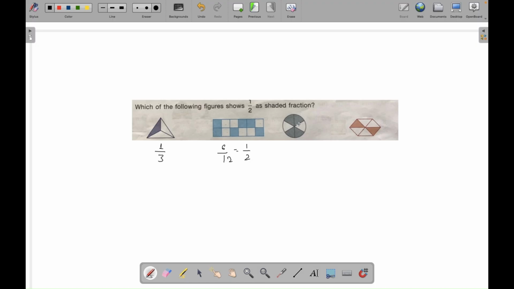Next, 1, 2, 3, 4, 5, 6. 6 is the denominator and 4 is the numerator. Right? So if we simplify this, we get 2 by 3. Next, 1, 2, 3, 4, 5, 6. 6 is the denominator, 2 is the numerator. So this is 1 by 3. Right? So B is the correct answer. Okay, so in the next class, we are going to study comparing fractions.